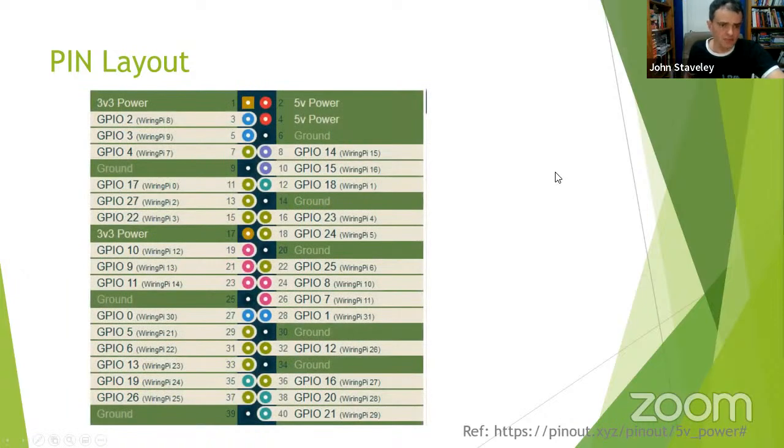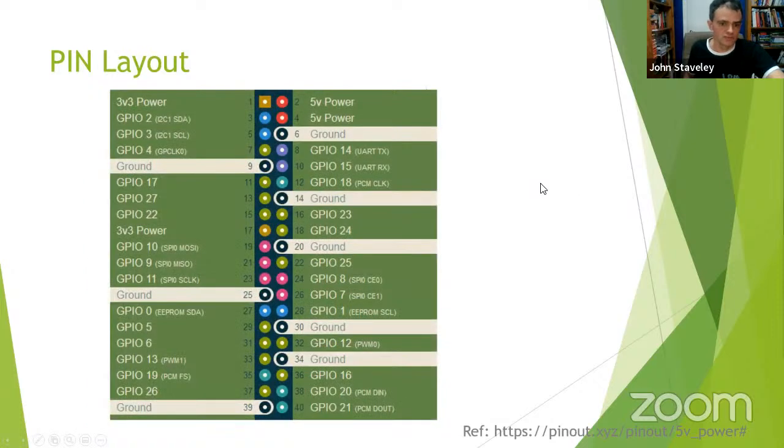And then you've got general purpose IOs. These are pins that can be configured as either inputs or outputs. So they either take inputs from switches and the like, or outputs like LEDs or a display of some kind. So lots of different peripherals you can control with them. And lots of grounds. I don't know why they show so many grounds, but it makes it easier to wire up sometimes.